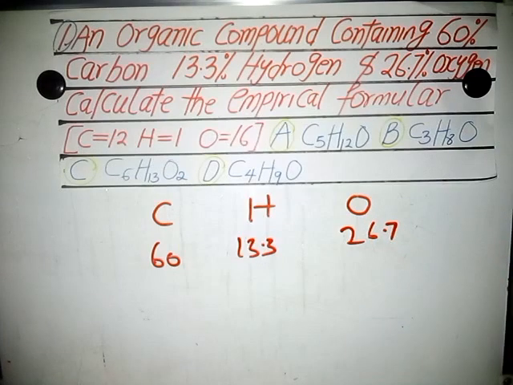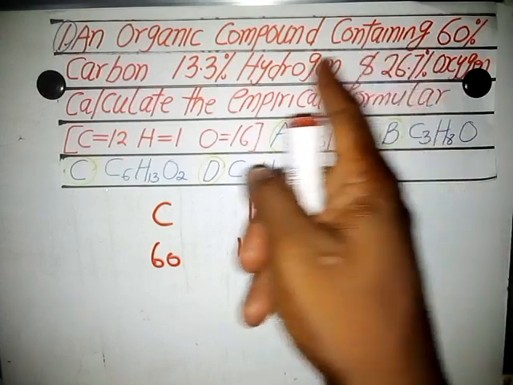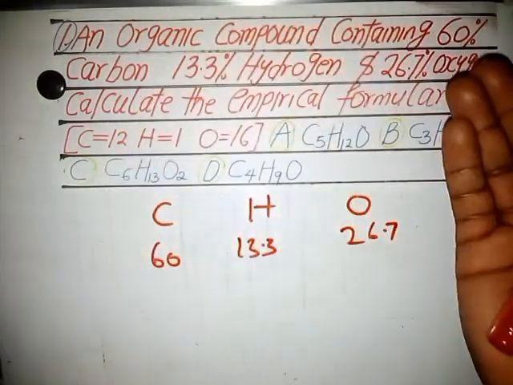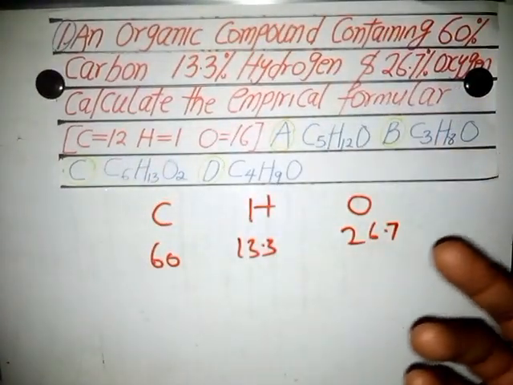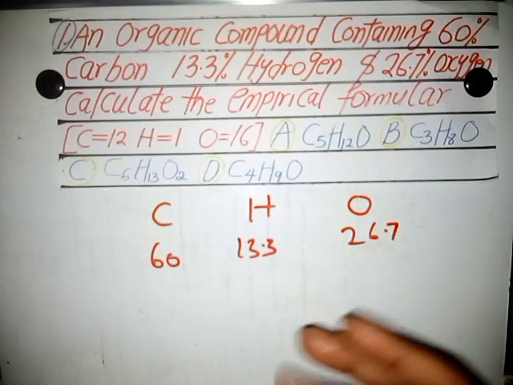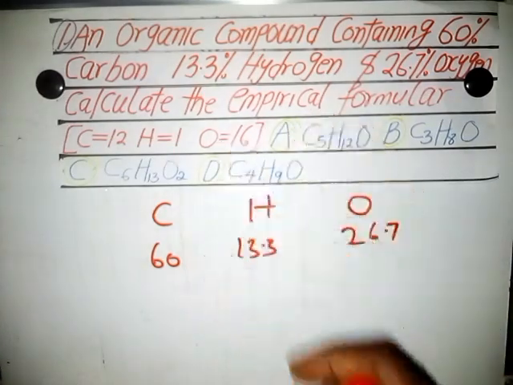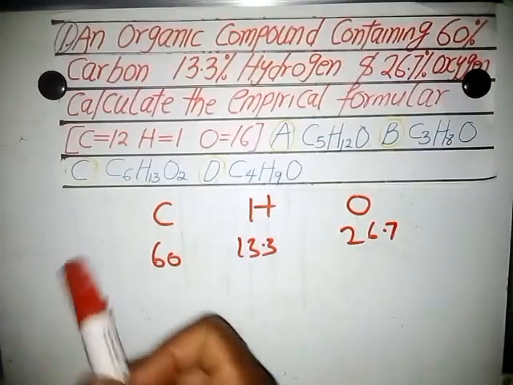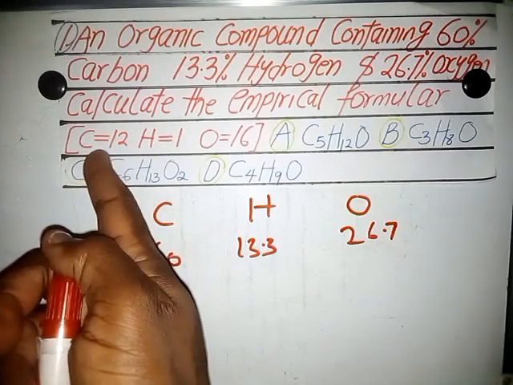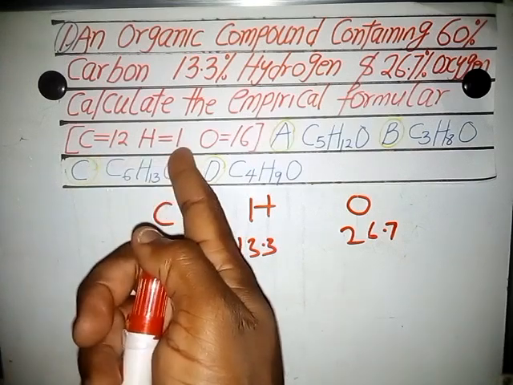So the first step here, at times you will be given their masses or in percentages. The first thing you have to do is divide by their atomic masses, then divide by the smallest for this type of question. Remember, the atomic mass of carbon is 12, hydrogen is 1, O is 16.